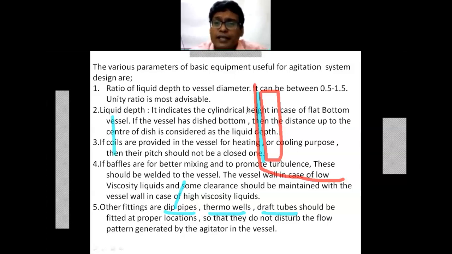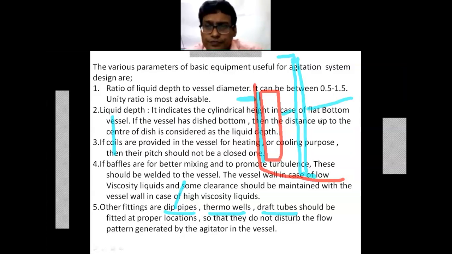Nowadays, instead of providing liquid gauges, dip pipes are provided for the measurement of the liquid height in the vessel. That means nitrogen is passed through this pipe, and a certain back pressure will be developed due to the liquid height in the tank.